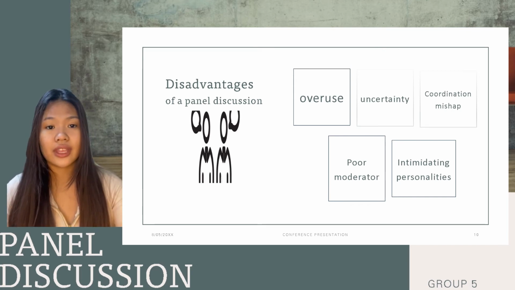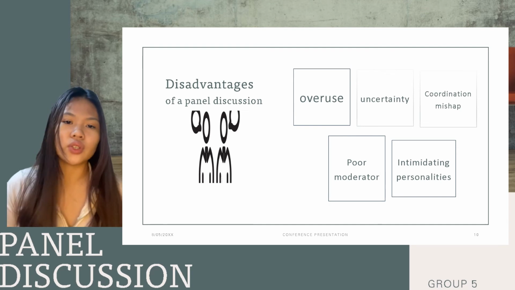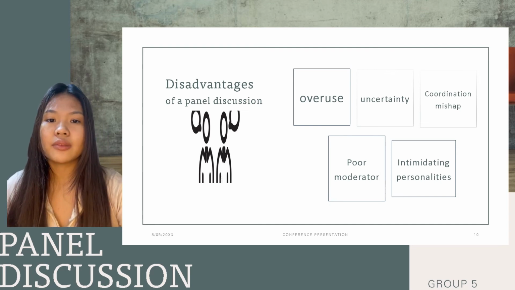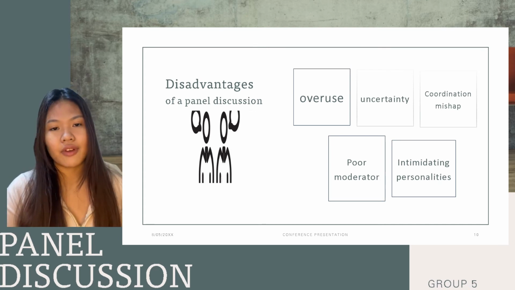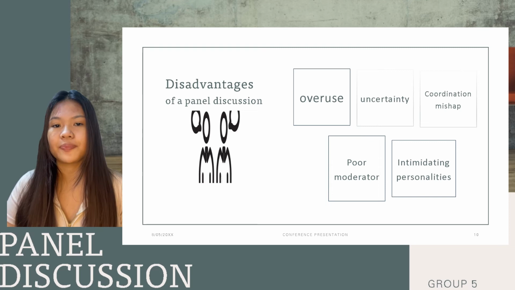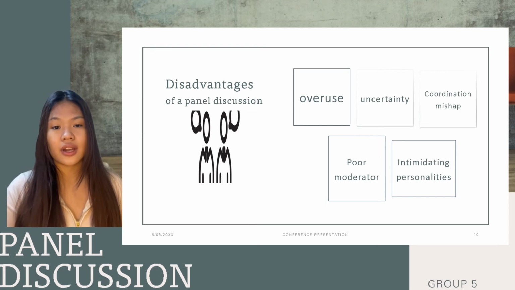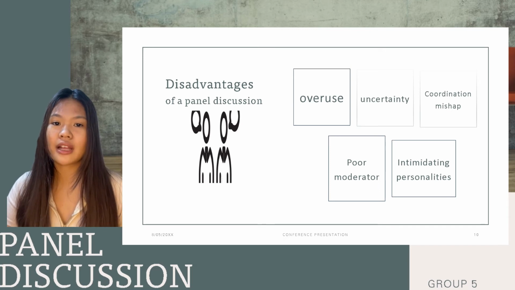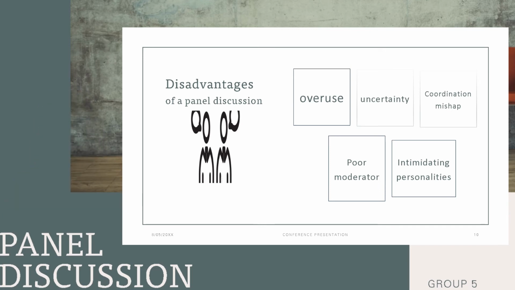Fourth disadvantage is the poor discussion group moderator. As I have said earlier, it can be an advantage or disadvantage depending on the group moderator. Even if the panelists aren't very remarkable, a competent moderator may salvage the whole discussion.